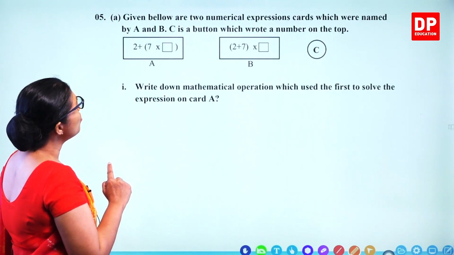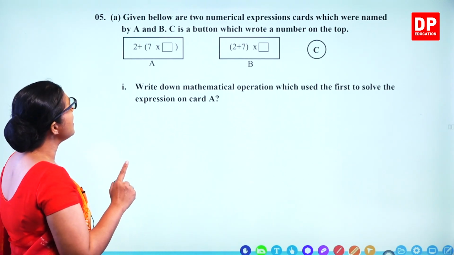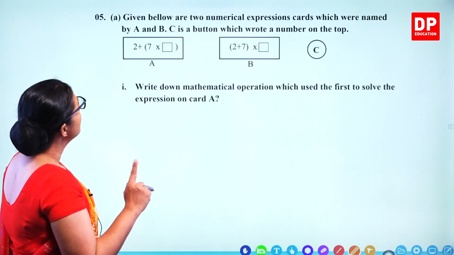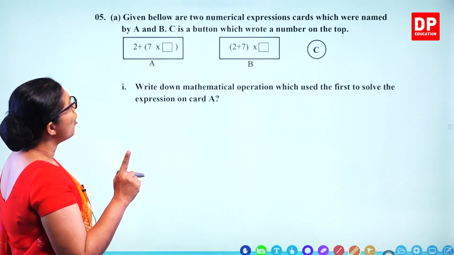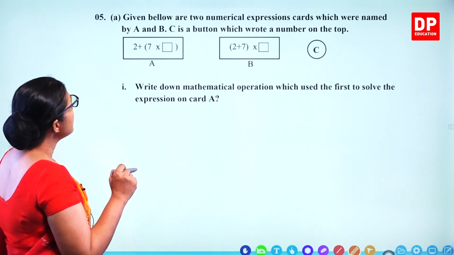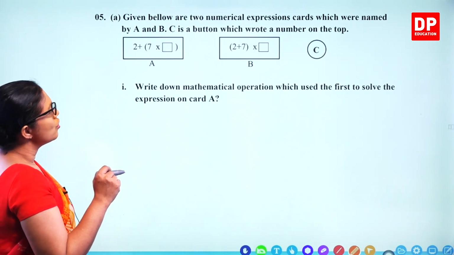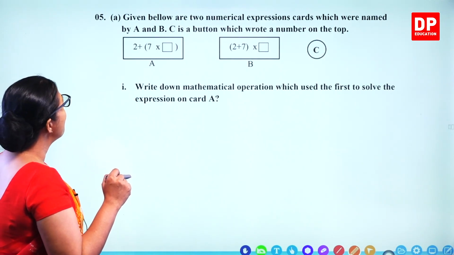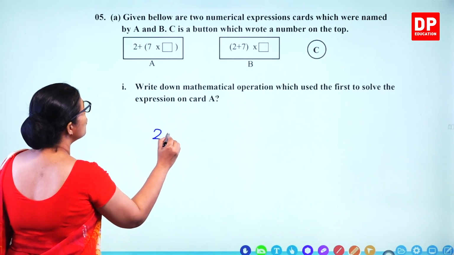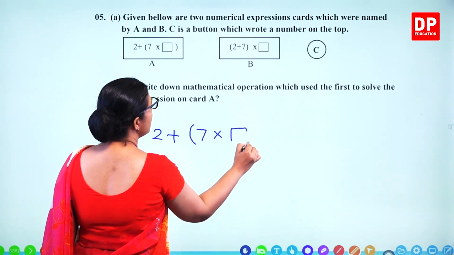Given below are 2 numerical expression cards which were named A, B and C. C is a button which has a number written on top. Write down the mathematical operation which is used first to solve the expression on card A. 2 plus 7 multiplied by this.